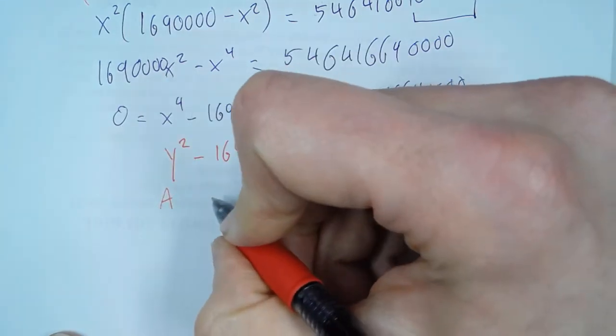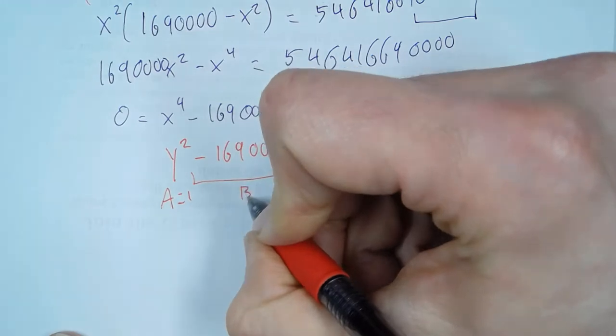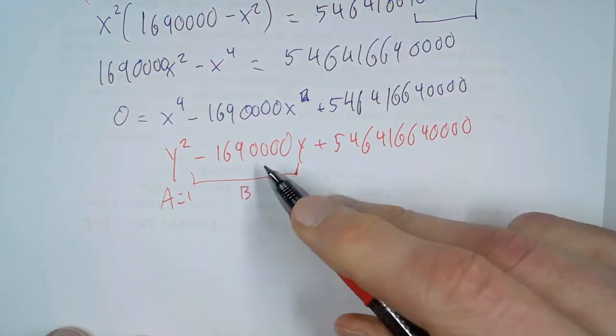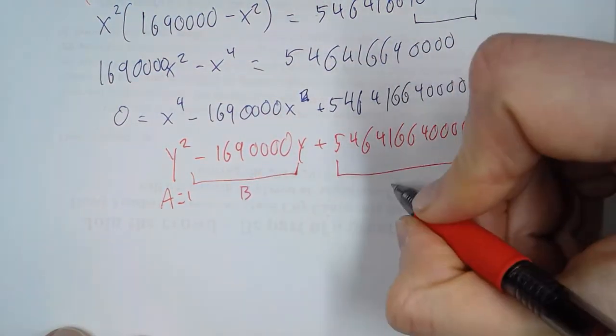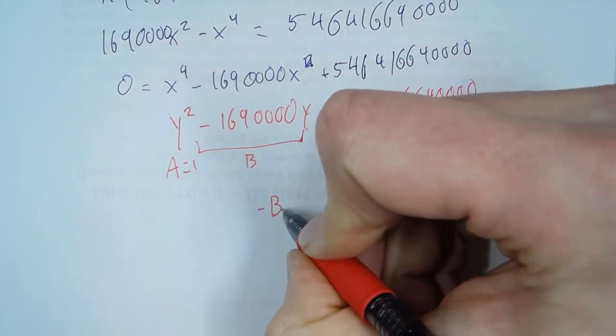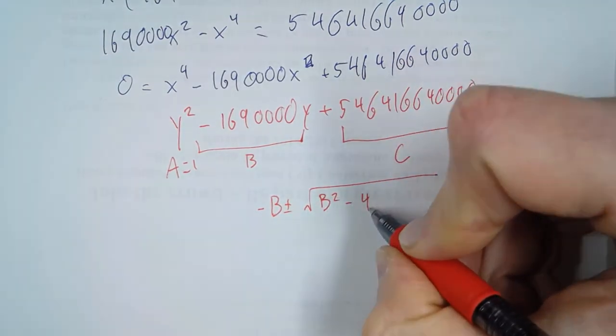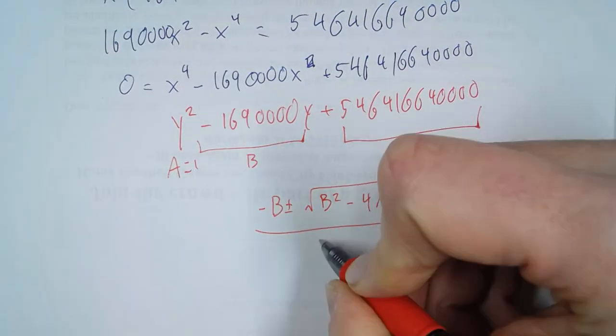So a is 1, b is negative 169,000, and c is this large number. So negative b plus or minus the square root of b squared minus 4ac all over 2a.